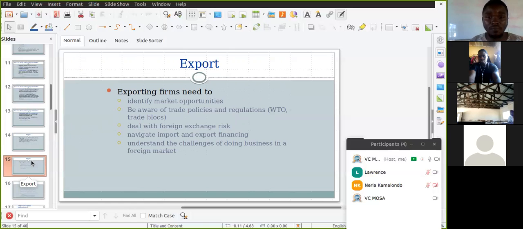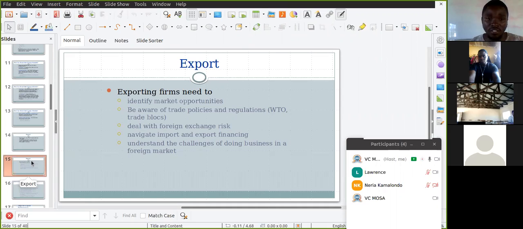So what are some things which exporting firms need to identify? They need to identify the market opportunities, like when you're deciding why should I go into that export, why should I venture, why should I export my products in this given economy. So you look at the opportunities. Be aware of trade policies and regulations.